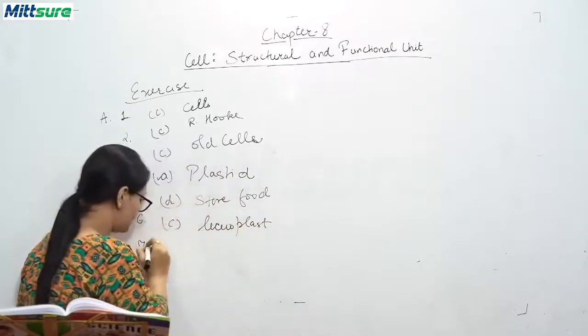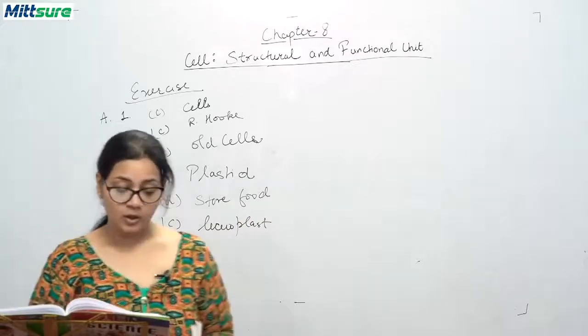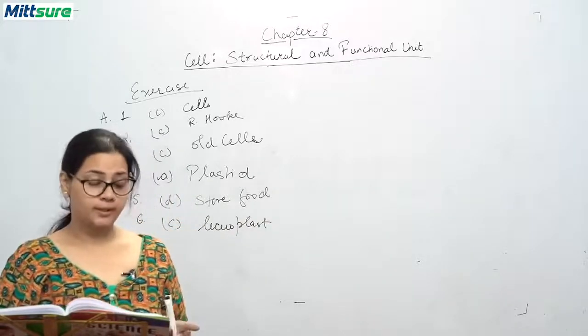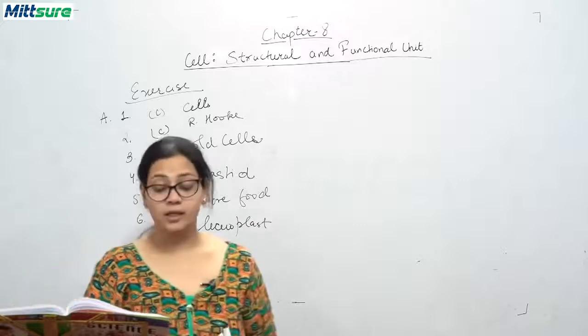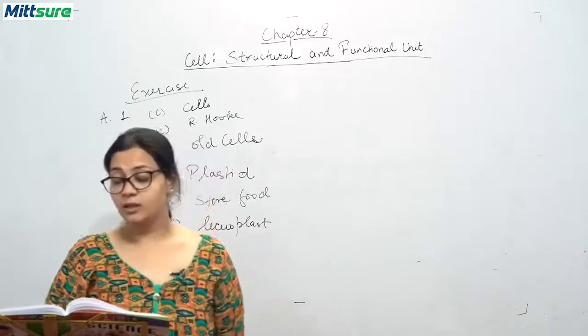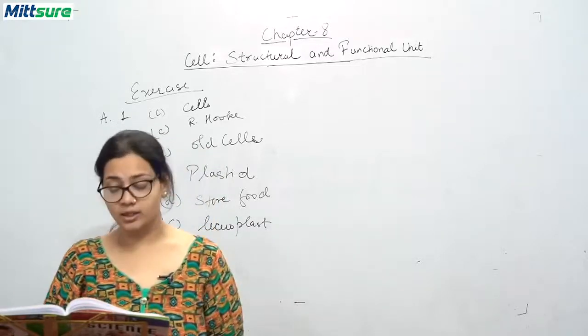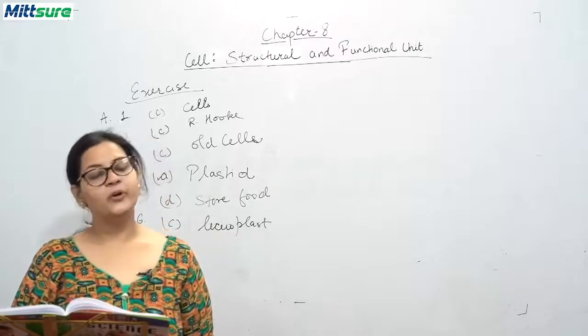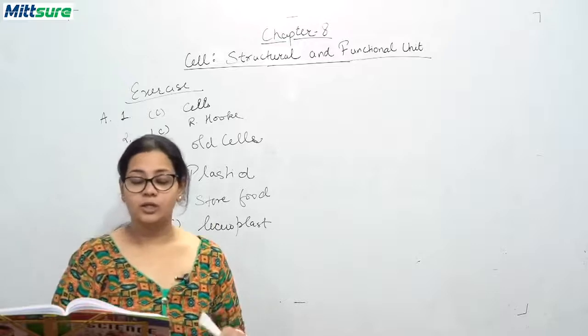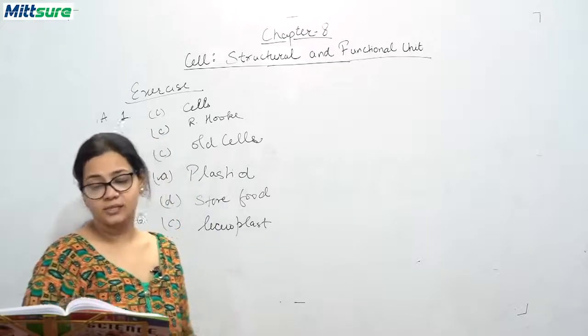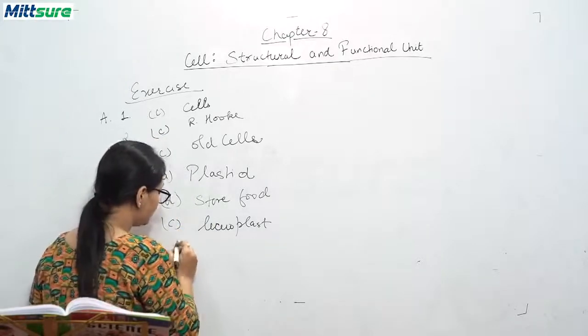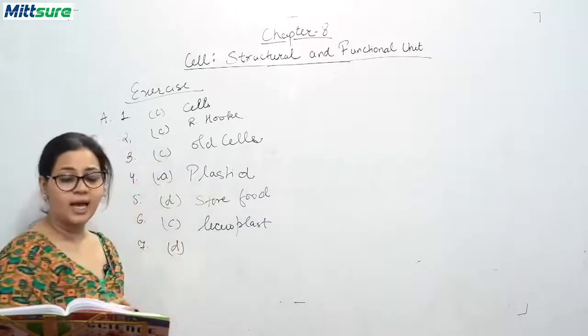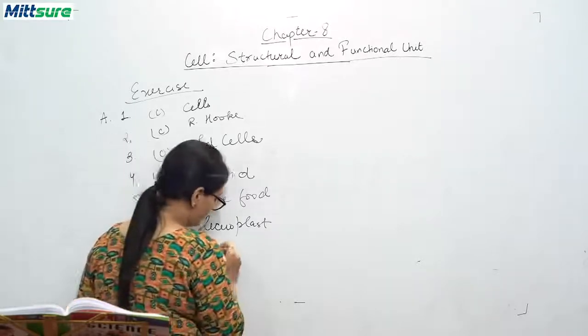Next, 7. Cytoplasm is found in, and the options are A. Bacterial cells only, B. Eukaryotic cells only, C. Some plant cells, and D. All eukaryotic and prokaryotic cells. So the correct answer is D. All eukaryotic and prokaryotic cells.